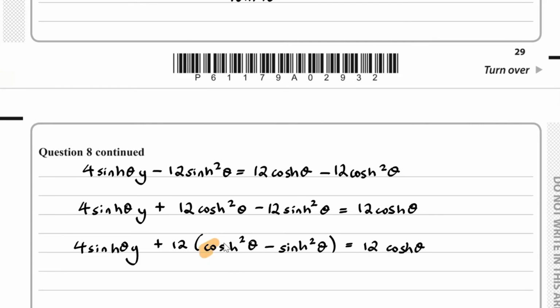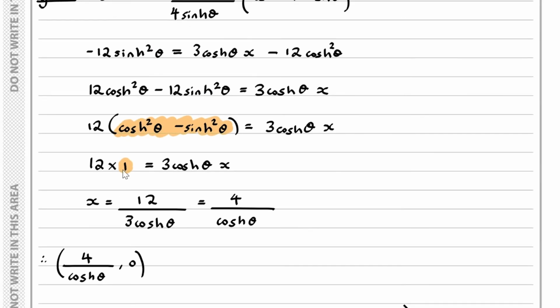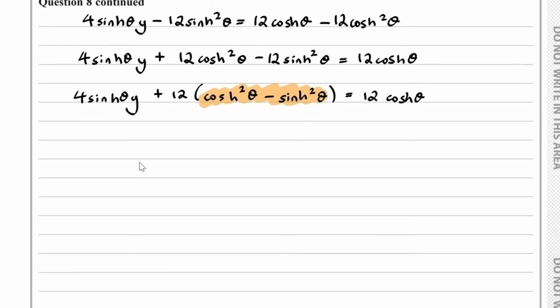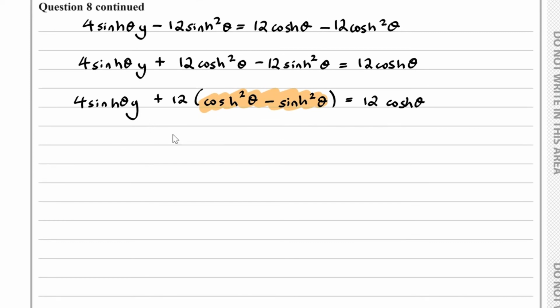And again, we know that this over here is equal to 1, as we said before. So we have 12 lots of 1. So we have 4 sine theta y plus 12 lots of 1 equals 12 cos theta.